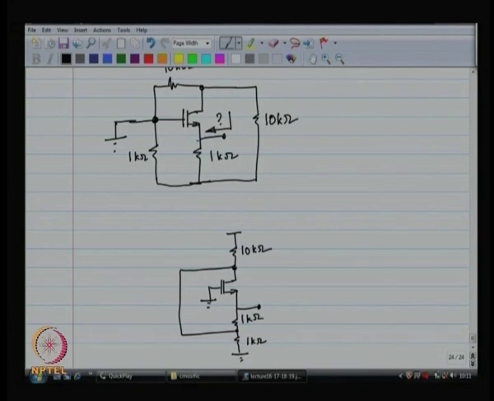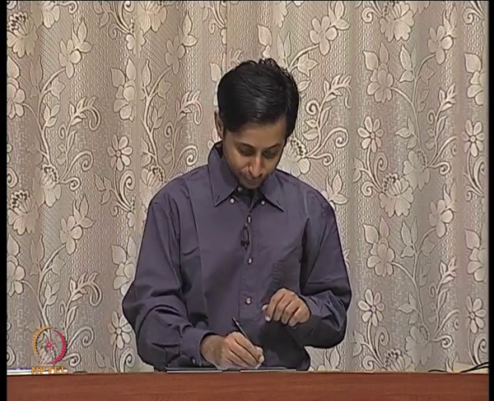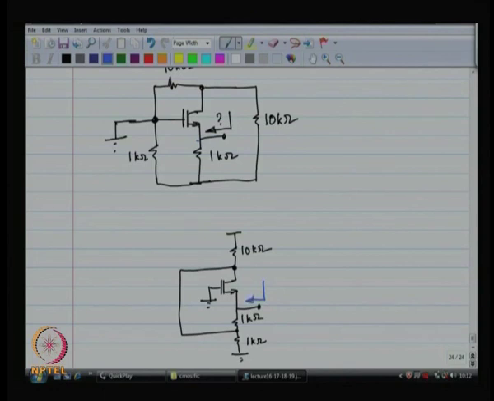This is how it is going to look like, and I need to compute the impedance looking into this particular node. Now, guess what? There is feedback going on over here. This is not going to really be in my formula. Is it going to be in my formula? No. Once again, let me just quickly double check that what I have drawn is indeed correct.